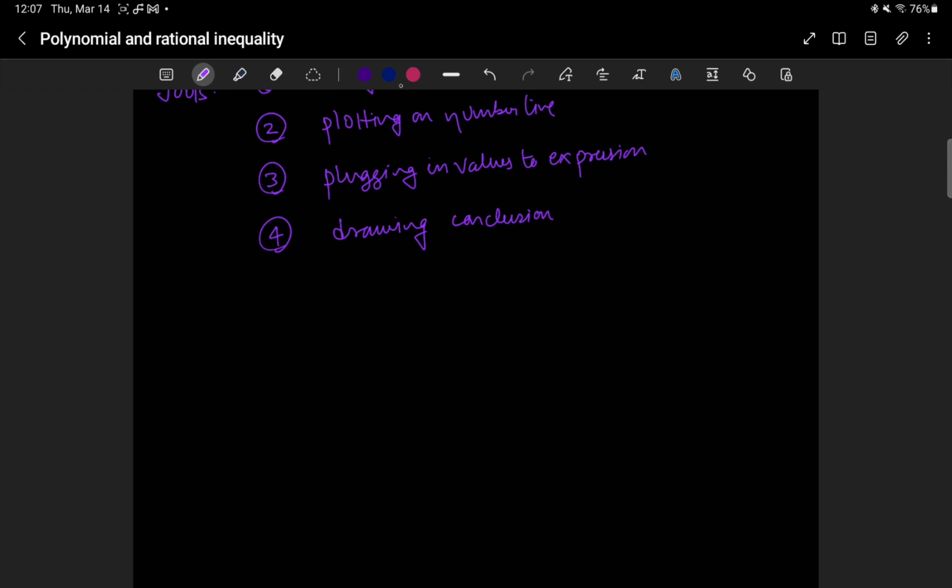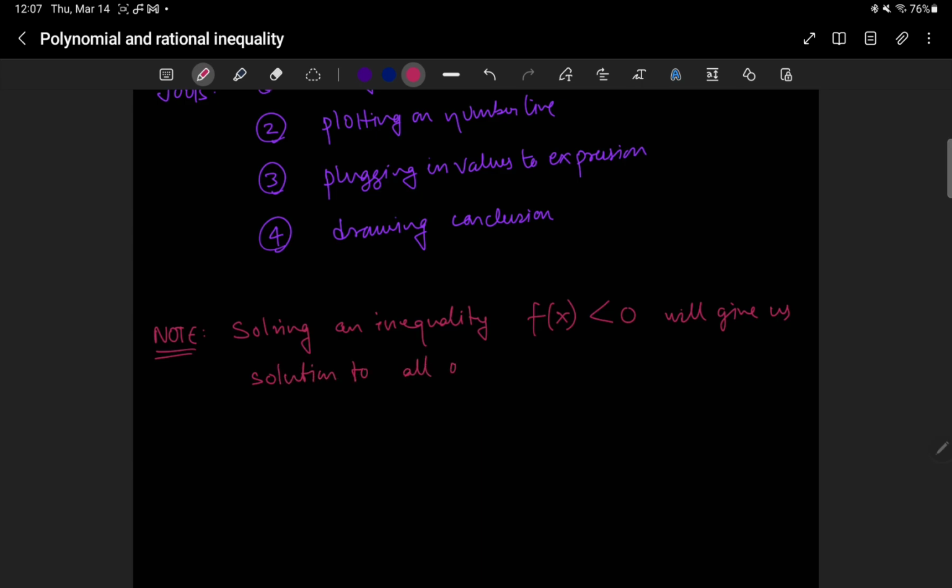Okay, note, solving an inequality f of x less than 0 will give us solution to all of the following.